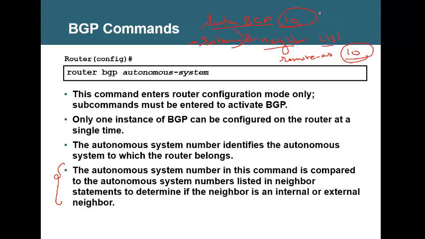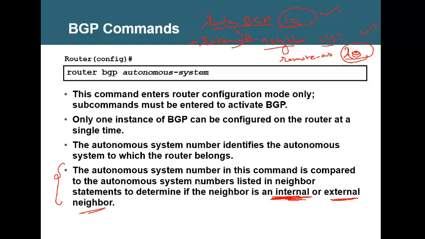If the number is the same, what does that mean? Someone answer. IBGP, internal. If it is different, then it is EBGP, external. That's what this command and this line says.